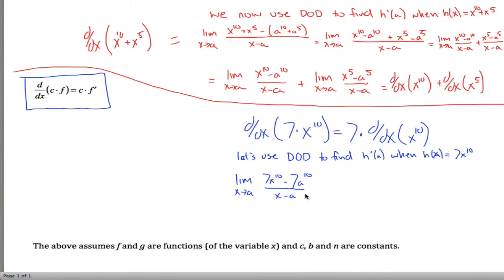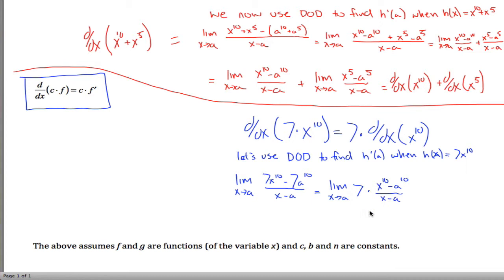Well, note that I have a 7 in each of these terms up top. So really what this is, it's the limit as x approaches a of the number 7 times x to the 10th minus a to the 10th over x minus a.